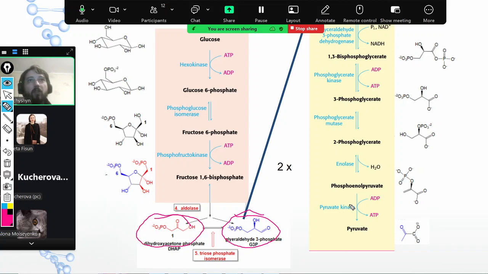All in all you get 4 ATPs. In your investment step, let's call it that, you spend 2 ATPs, and in your payoff step you get back 4 ATPs. So basically you get 2 ATPs net for all the work performed. Good.